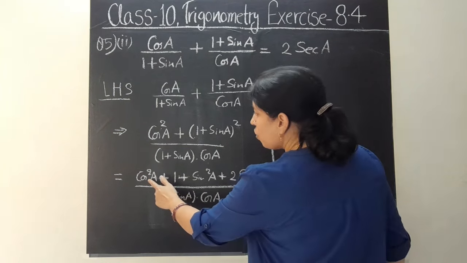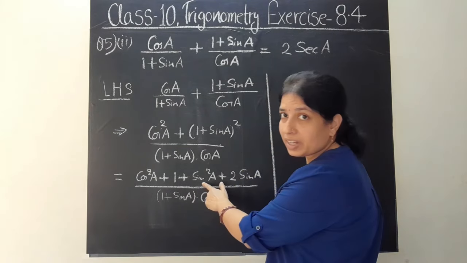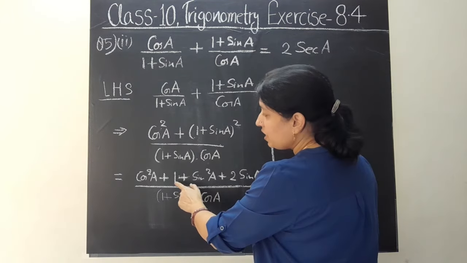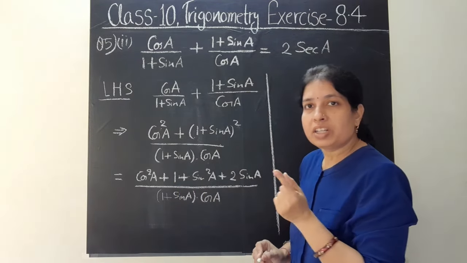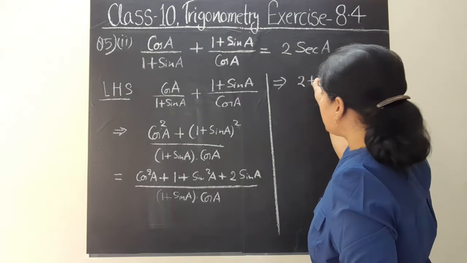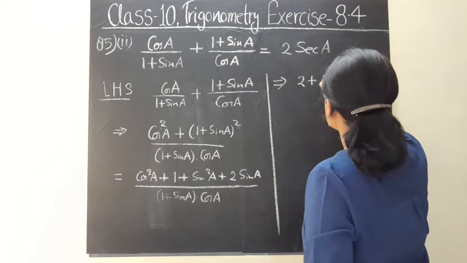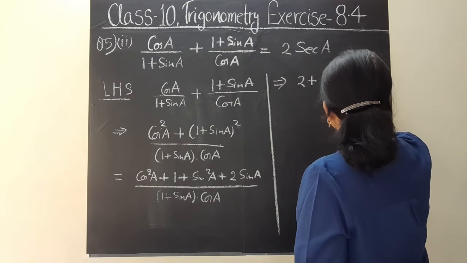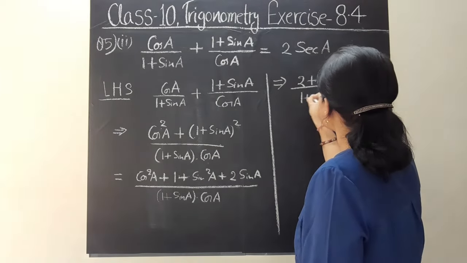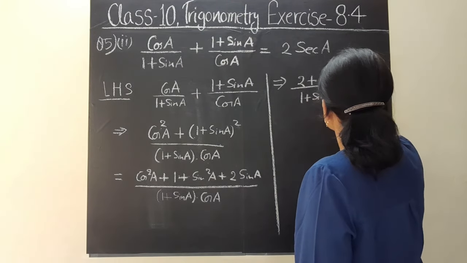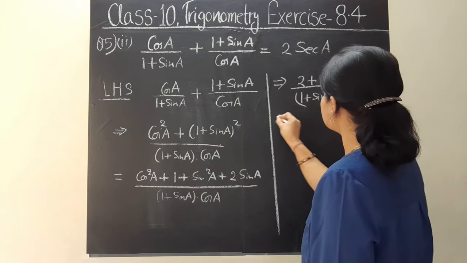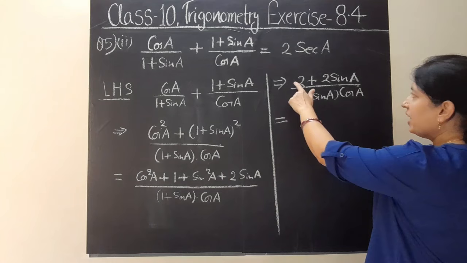Here see that cos square A plus sin square A is equal to 1, and 1 is already given. So 1 plus 1 is 2. So we can write 2 plus this 2 sin A, then write 1 plus sin A denominator into cos A. Here we can take common 2.